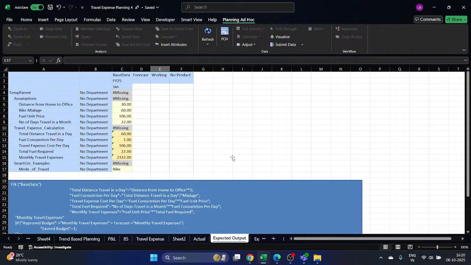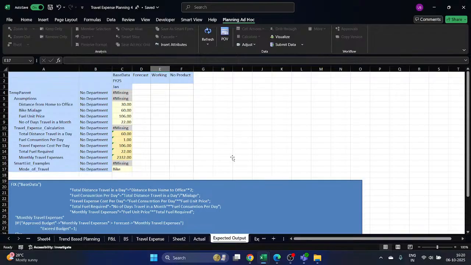So we will create a temp parent as one parent, and under it we will create some drivers. Drivers means children, like distance from home to office, the bike mileage, fuel unit price, number of days traveled in a month, and some other examples also.